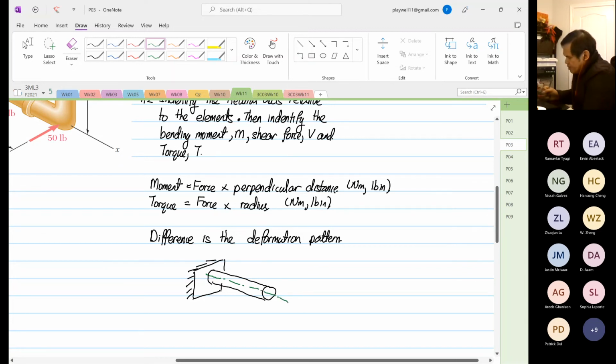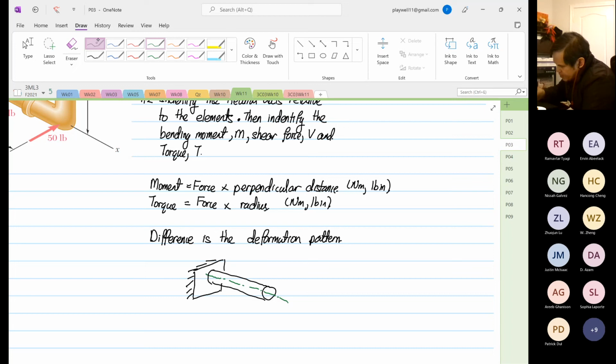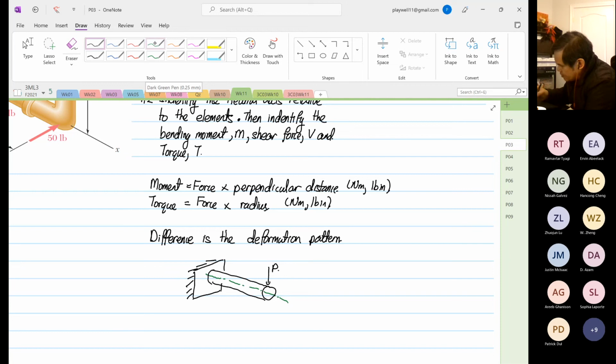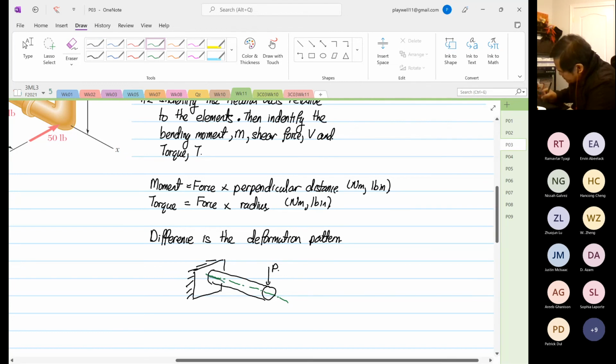If a load is applied in this direction, the deformation looks like this. So this is how your structure will deform.